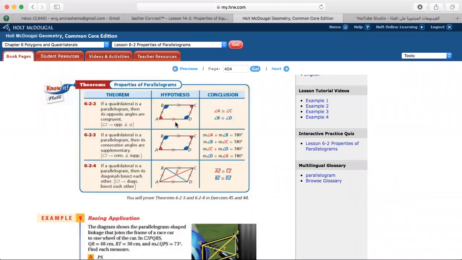The second one, every two opposite angles are congruent. Another one, every two consecutive angles are supplementary, every two are equal to 180. What else? The two diagonals bisect each other, that means that AZ is equal to ZC, BZ is equal to ZD.